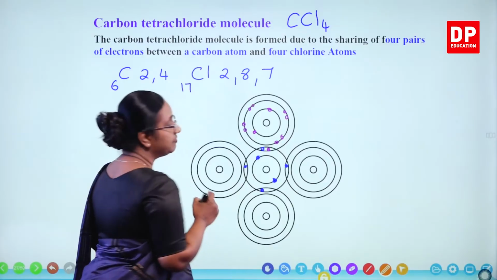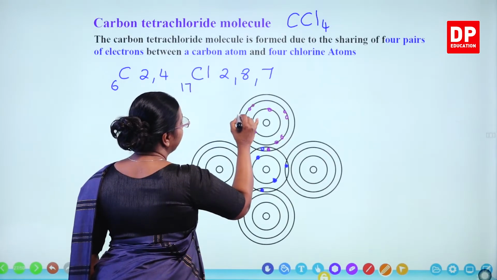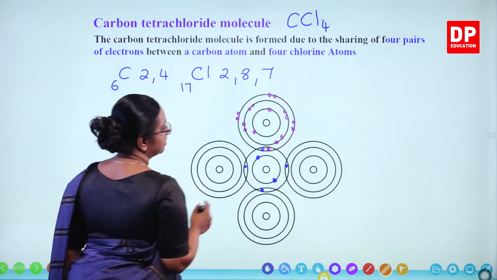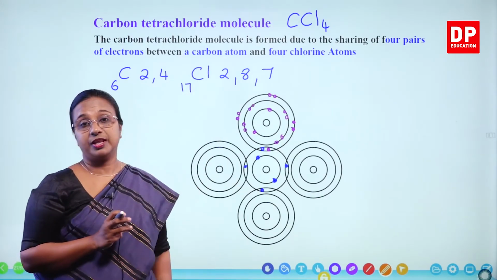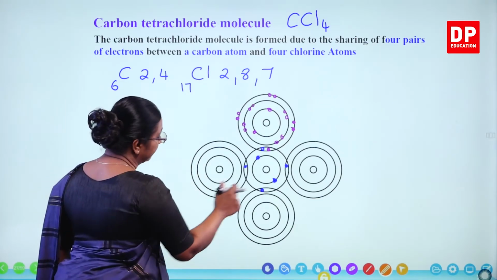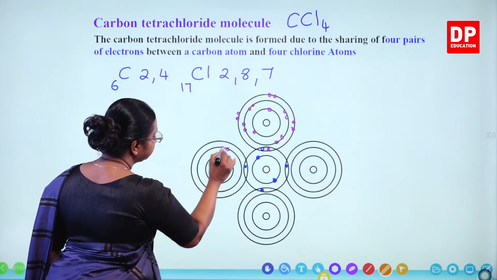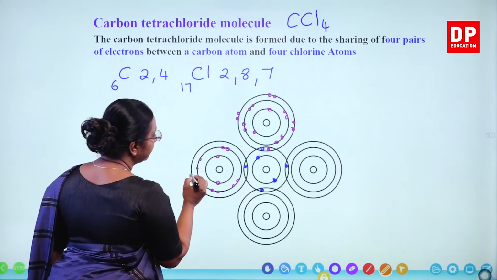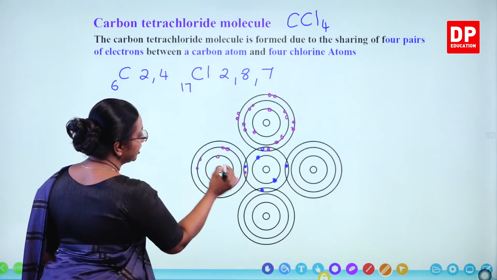Out of those, it gives 1 electron for bonding. And therefore, it will have another 3 pairs of electrons. So there are 3 lone pairs of electrons on chlorine. Same for all the chlorine atoms. If we fill the number of electrons 2 in the first energy level, 8 in the second energy level, and 1 goes for bonding from the third energy level.